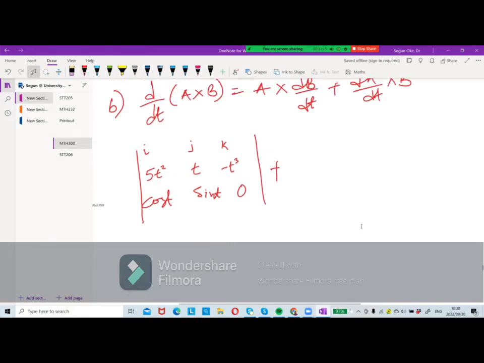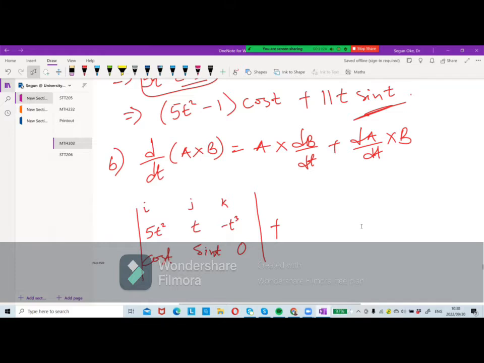Plus i, j, k. What is the dA/dt? Then 1, minus 3t squared, sine t, minus cos t is 0.